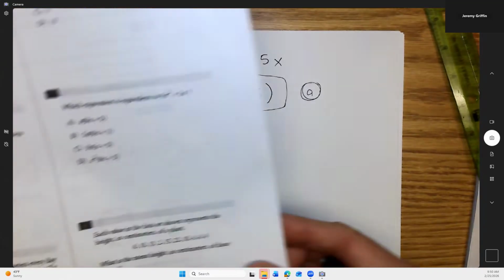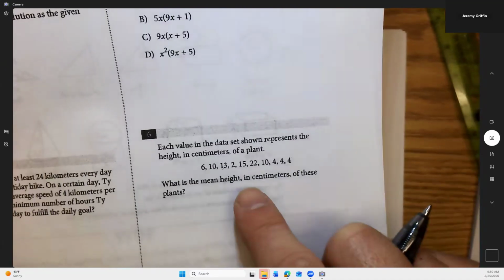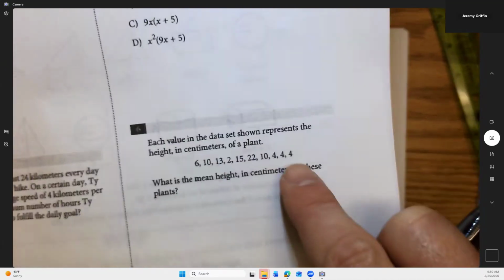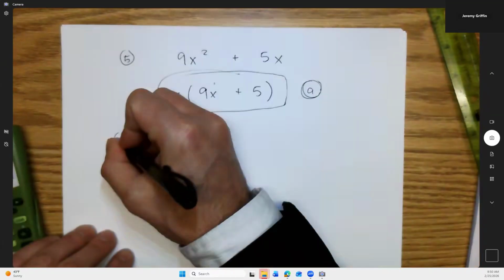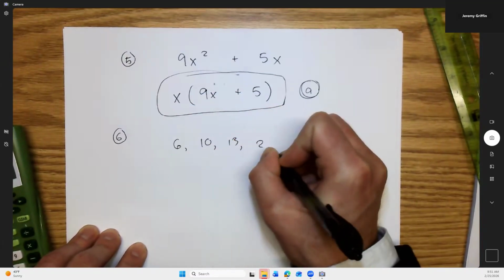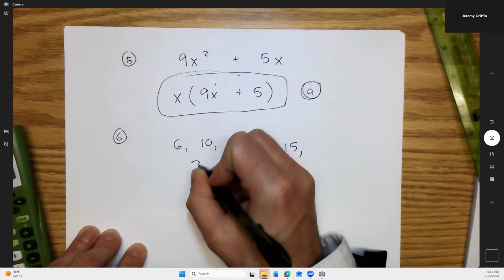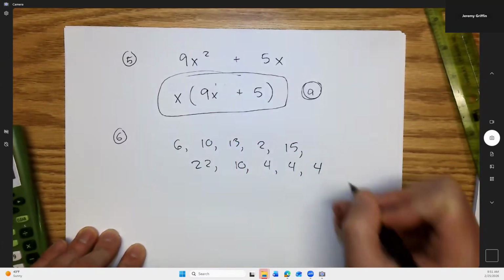Okay, number 6. Each value in the data set represents a height of a plant in centimeters. So scattered numbers here. What is the mean height of these plants? Here, I'll write down the list. We got 6, 10, 13, 2, 15, 22, 10, 4, 4, and 4.